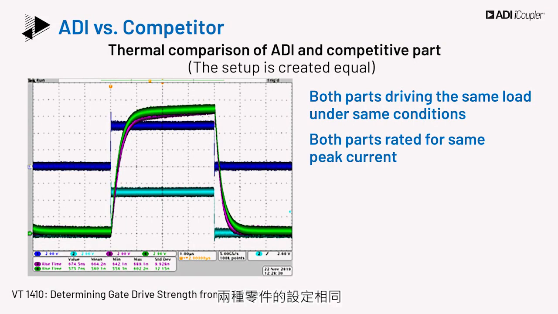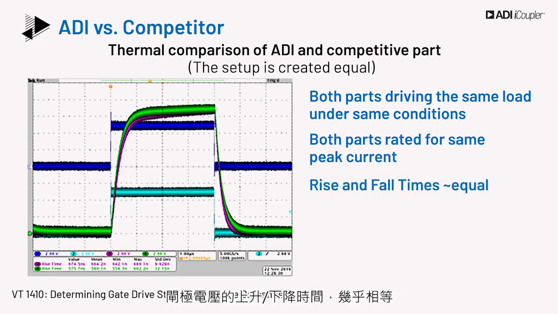The setup is created equal such that the external series gate resistor in their path makes rise or fall times of the gate voltage almost equal. The ADI part has an external gate resistor, R_GEXT, equal to 1.6 ohms, while the competitor part has an external gate resistor R_GEXT equal to 1 ohm.